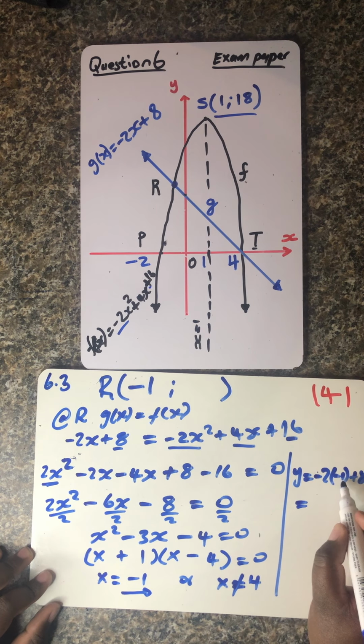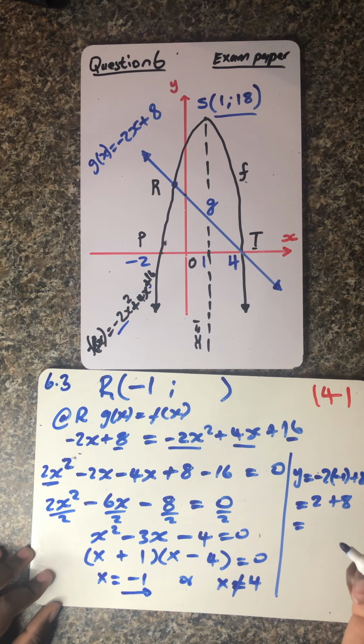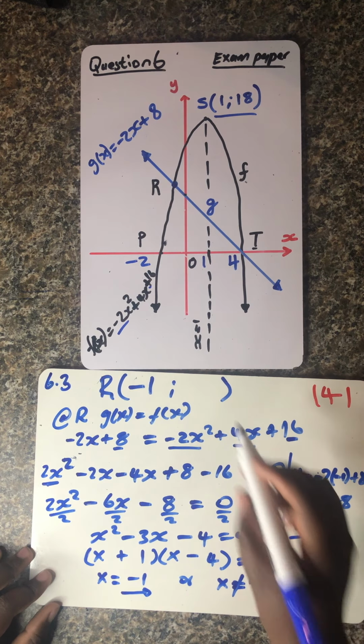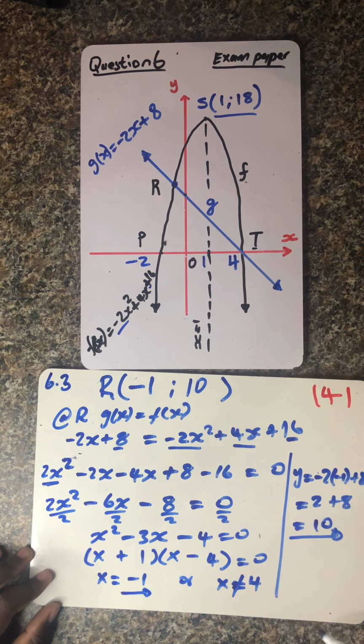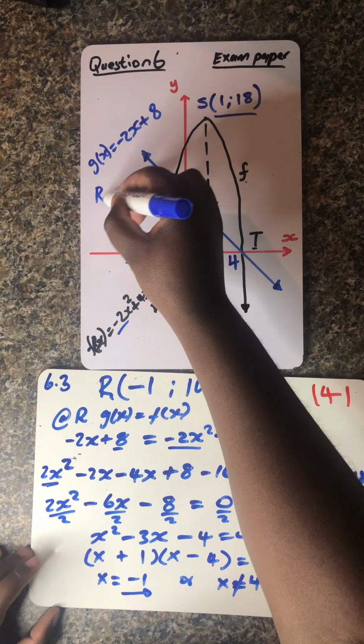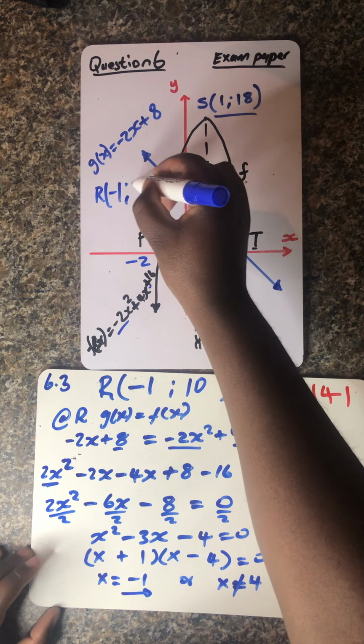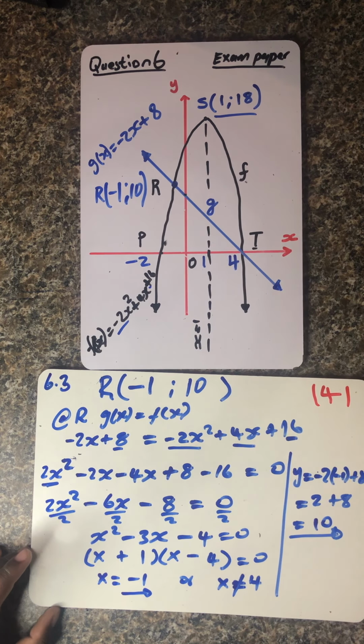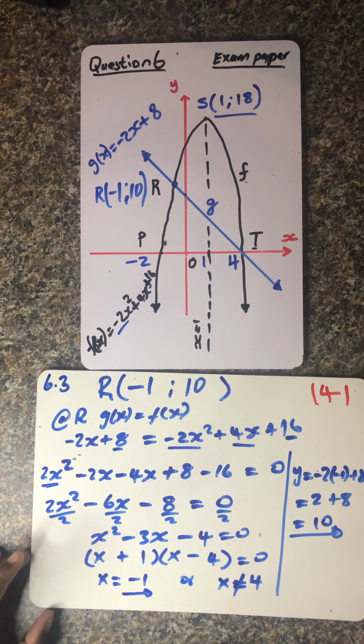Obviously this times that equals 2 plus 8, so that means it should be equal to 10, isn't it? Because 8 plus 2 is equal to 10. So that means there you've got 10, ladies and gentlemen. So the coordinates of R, where x is equal to -1, and y is equal to 10.